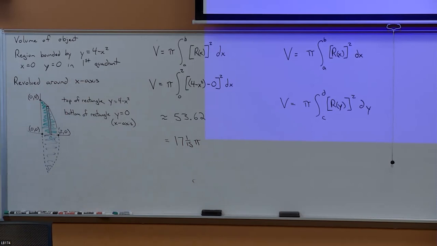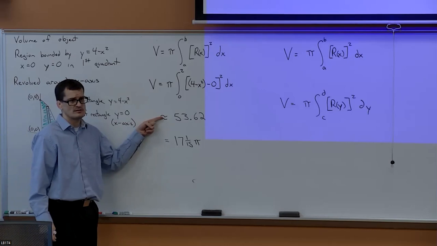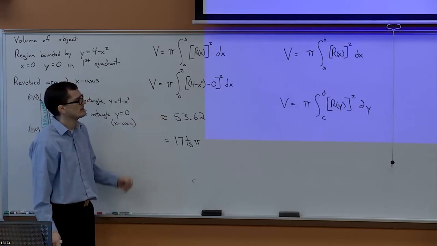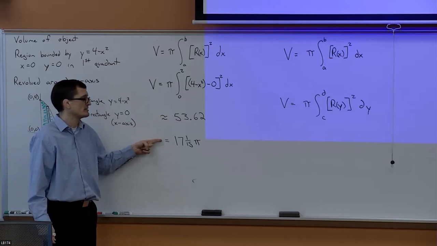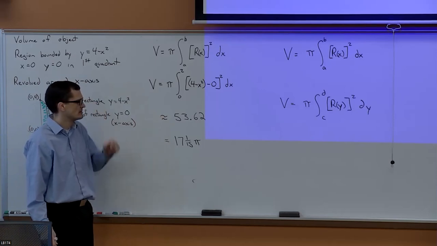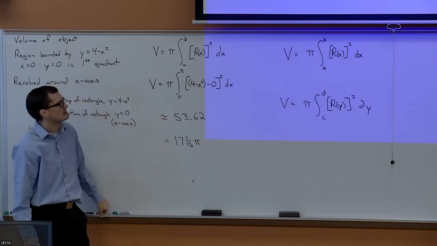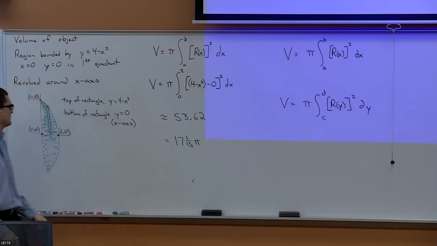Is that okay? Moodle will probably ask you for the rounded version. Maybe. But if you were asked for an exact version, we have that. So that's the volume of this object that's been created through rotation.